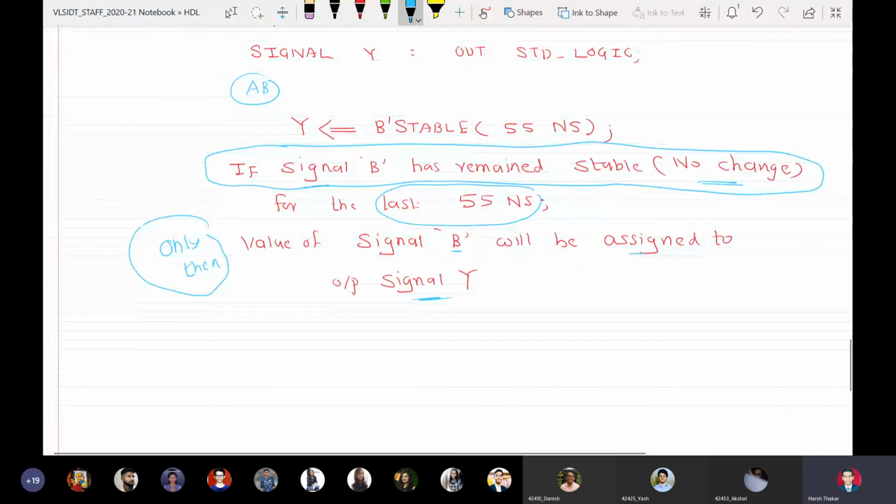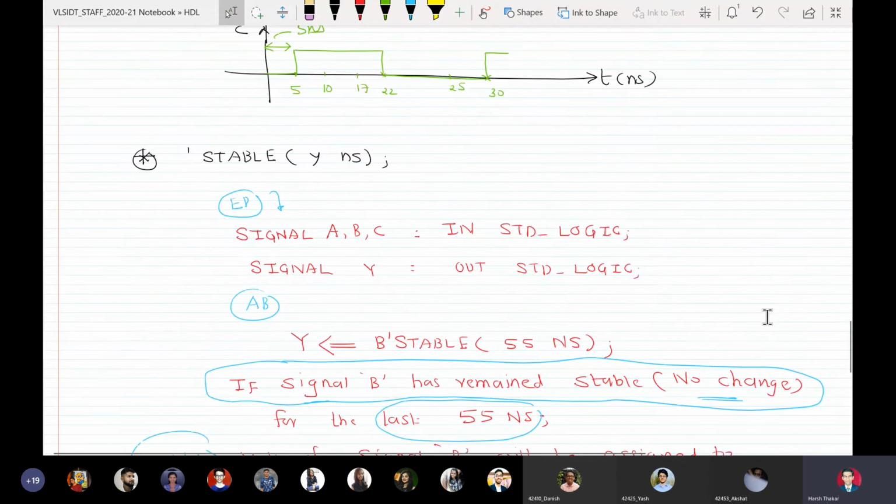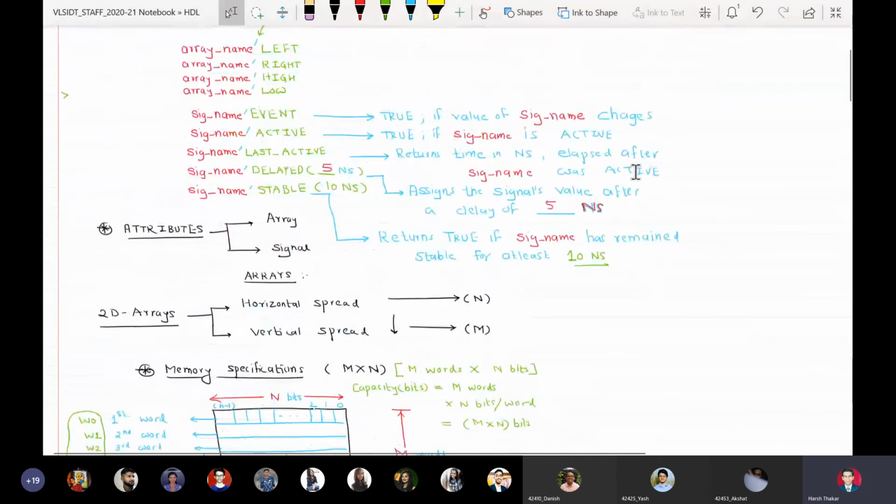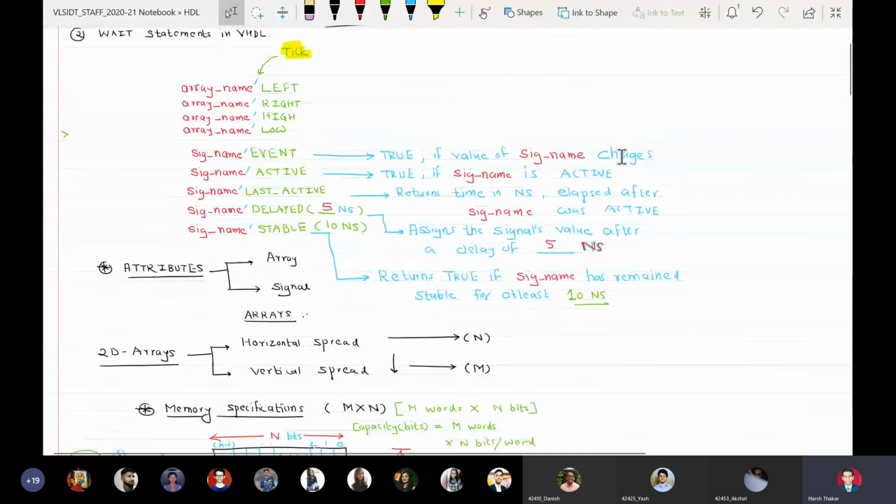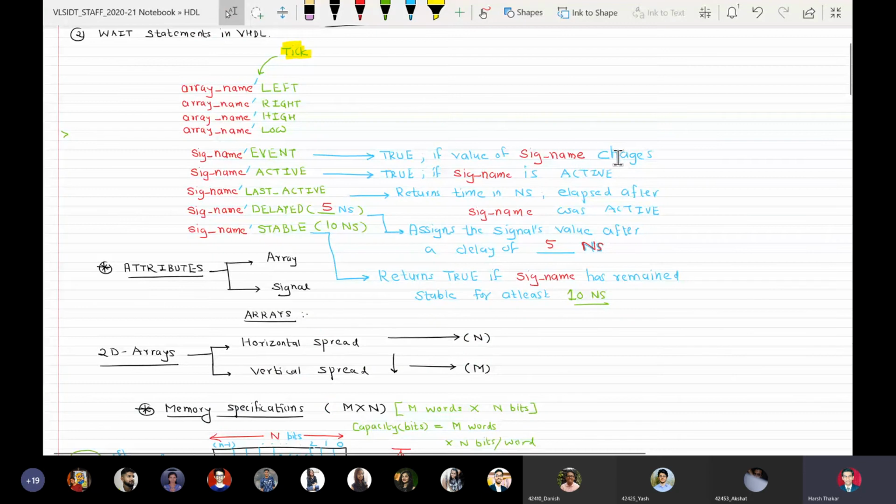So this was all about the different attributes. Okay. So all the array attributes and signal attributes have been discussed, and this is more than sufficient to understand.